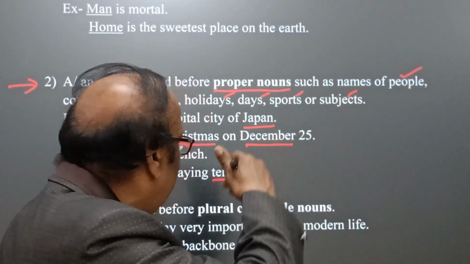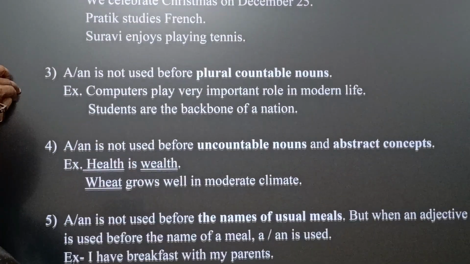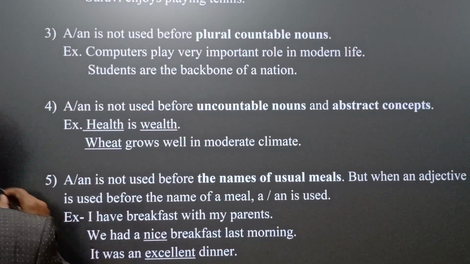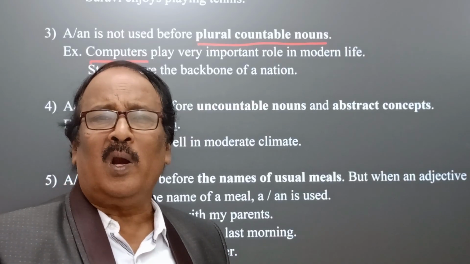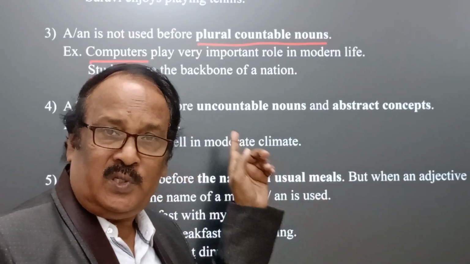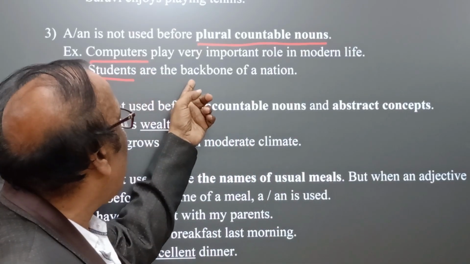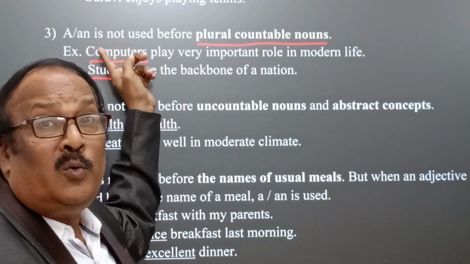Yes, now see here we find the other idea. Students are engaged in nation building, therefore they are very important human resources for us. Therefore this is true that students are the backbone of a nation. We cannot say a students.